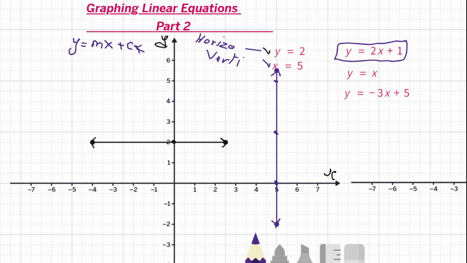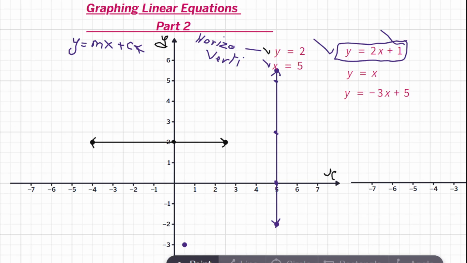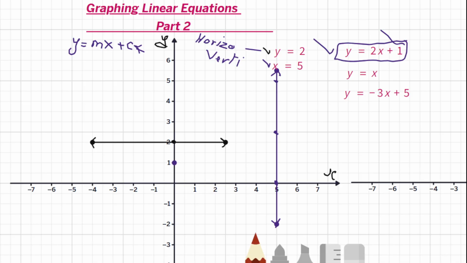C is where this line will cross the y-axis. So what's the value of c if we compare it? C is 1, isn't it? So at this point, the line will cross the y-axis at this nice point here. All right, so let's just make it like that.